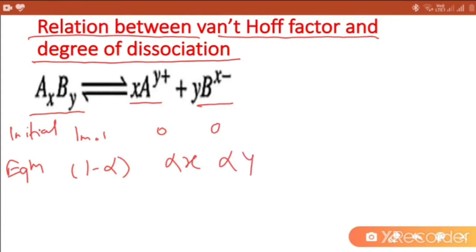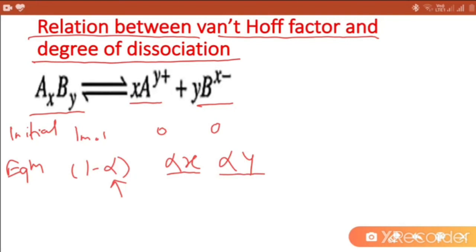If alpha is the degree of dissociation, alpha moles are dissociated and 1 minus alpha remain undissociated, and alpha x and alpha y are the number of moles at equilibrium for cation and anion.